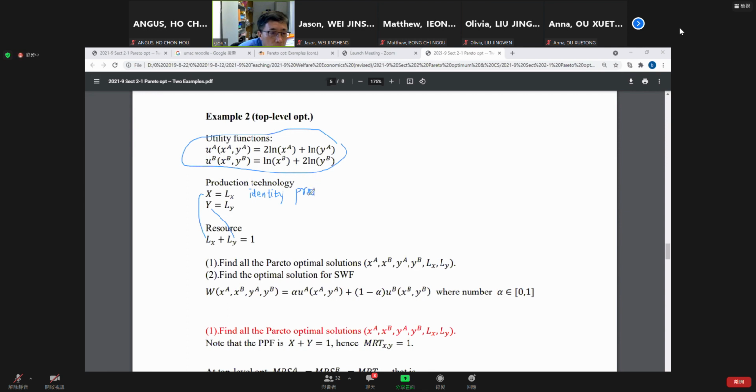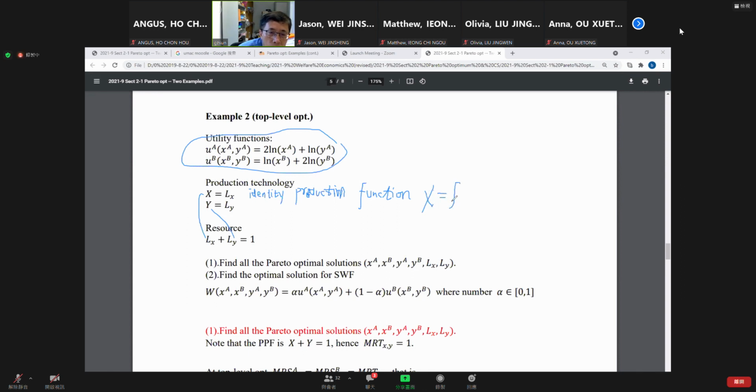So this is the so-called identity. That is, we can turn the quantity of labor into an equal quantity of goods X. This is the production function, or if you like, you can put it this way.